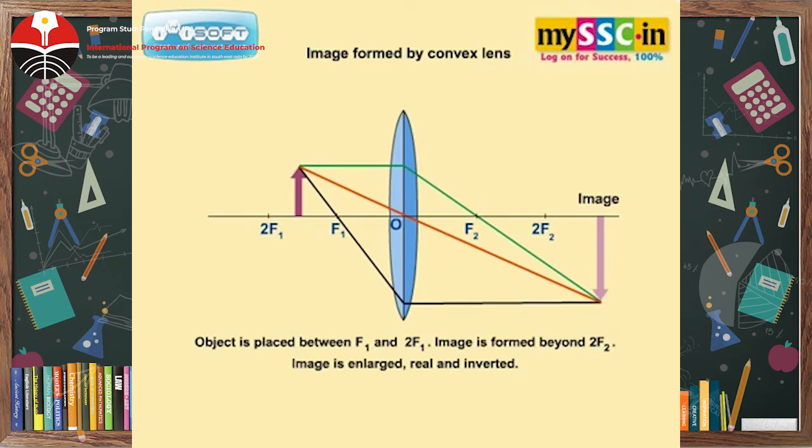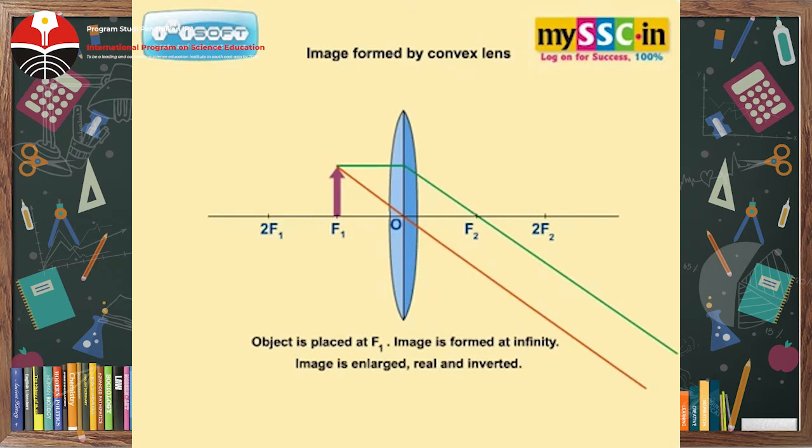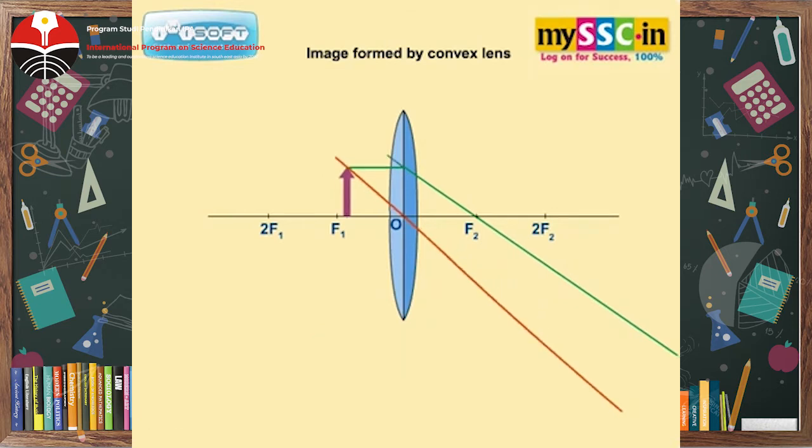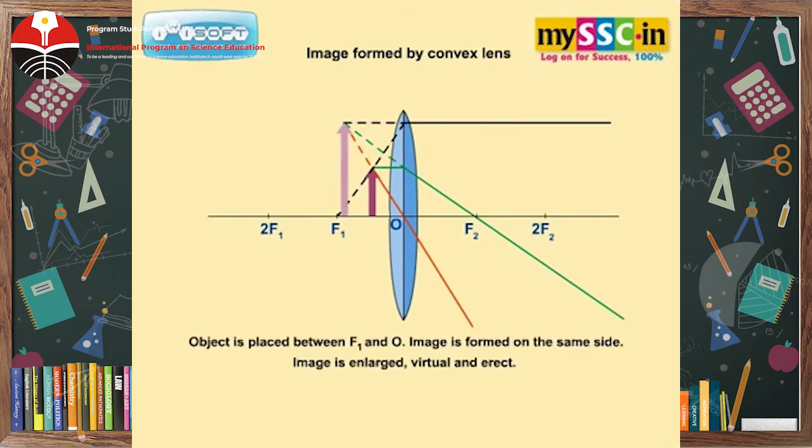Image is enlarged, real, and inverted. When object is placed at f1, image is formed at infinity. Image is enlarged, real, and inverted. When object is placed between f1 and O, image is formed on the same side as that of the object. Image is enlarged, virtual, and erect.